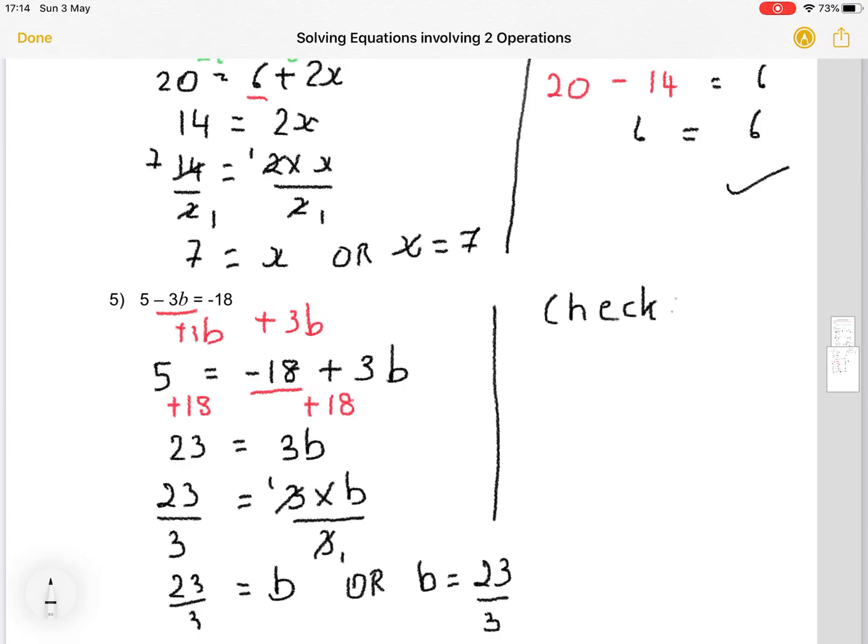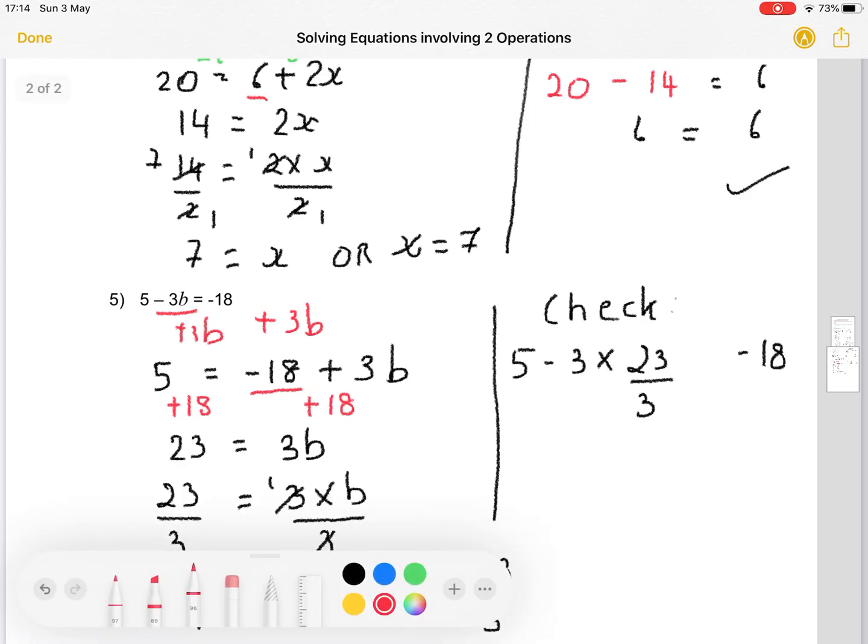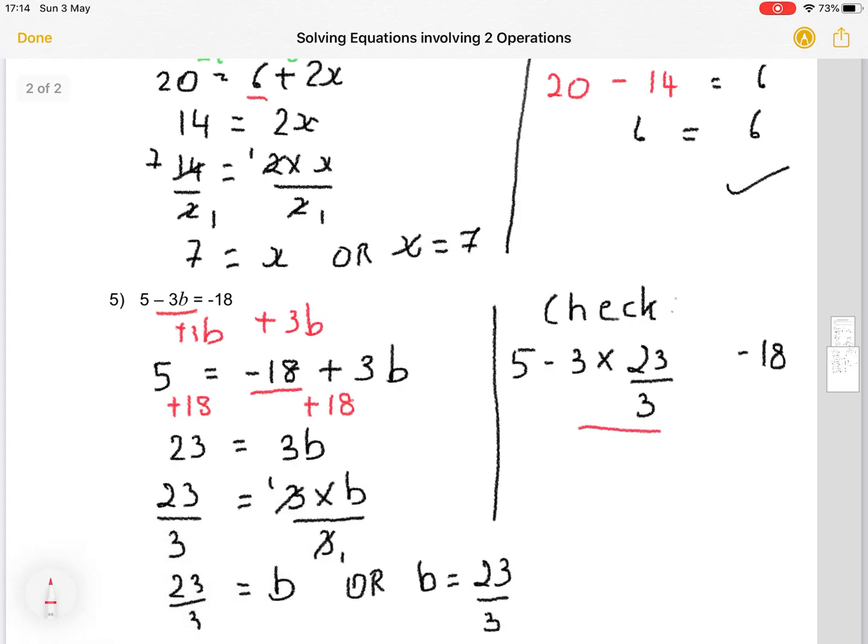To check, I substitute b by 23 all over 3. So, 5 minus 3 times 23 all over 3. On the other side, I have a negative 18. So, I need to work out the multiplication first. And I can cancel the 3 with the 3. I end up with 5 minus 23, and on the other side I have a negative 18.